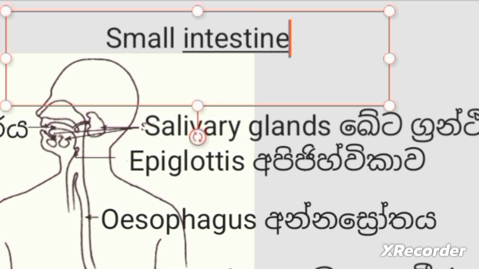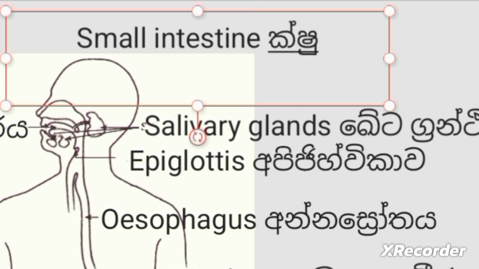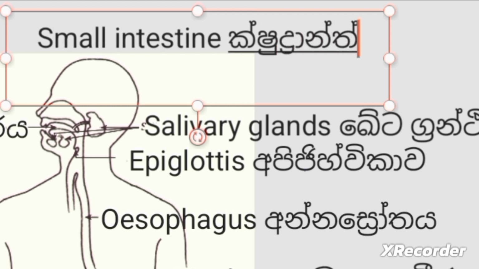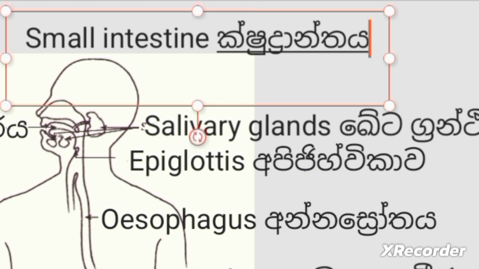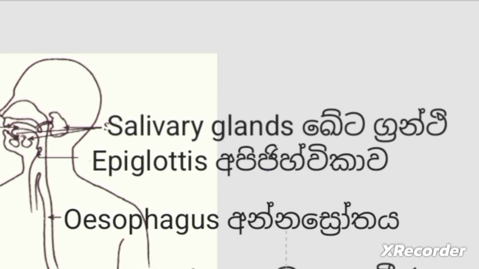In Sinhala we call it Shrudrantraya. You know that our intestine can be divided into two parts, small intestine and large intestine. So you can label this structure as small intestine.